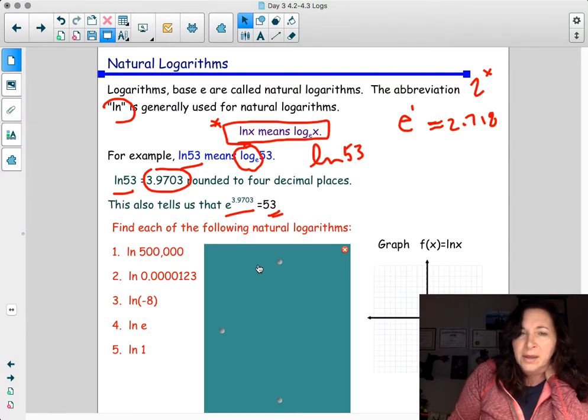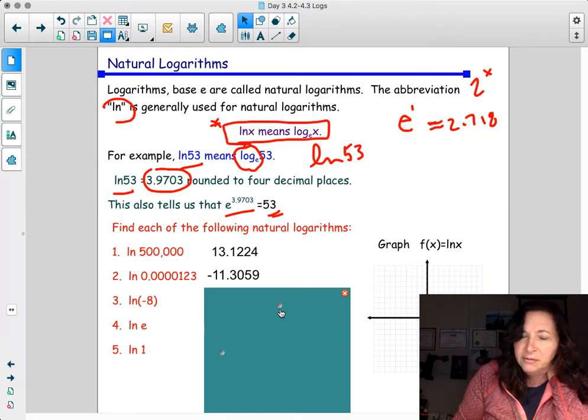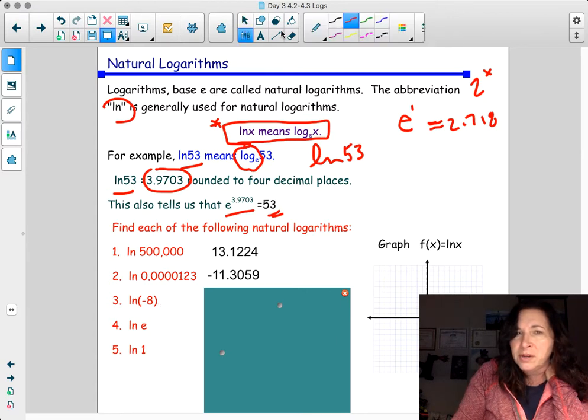So ln of 500,000 is 13.12. ln of 0.0000123 is negative 11.3. Now, this one may or may not surprise you. In one of the problems that we did earlier, we had something like log base 5 of negative 18 is equal to x.